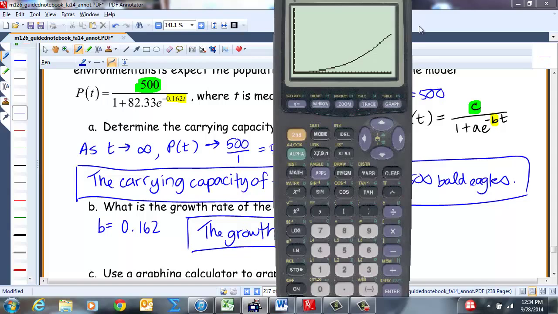Okay, I need to increase the time because it hasn't attained the carrying capacity yet. So let's go 0 to 100, and I'll change the scale to go by 5. Oh, nice.